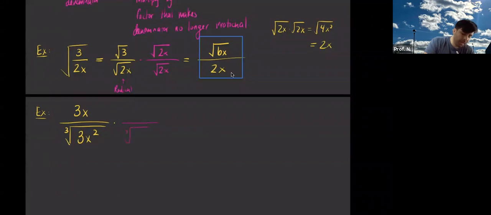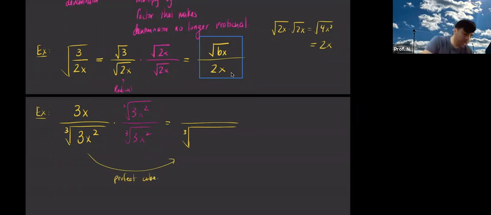I'm just going to multiply by the same thing underneath the radical, right? The problem is when you do this, you don't create a perfect cube, you create a perfect square, which is what we did when we had square roots. But we don't have a perfect square. So multiplying by this 3x squared will not cut it. It will not create a perfect cube. So I want to make this into a perfect cube. I want to create something in the denominator that's a perfect cube.